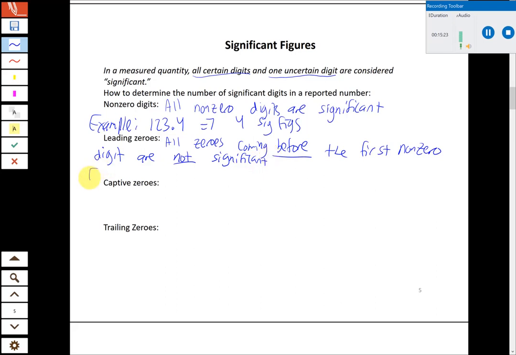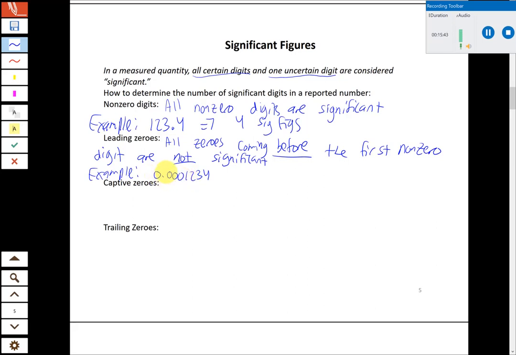All right, so if we have this number here as an example, 0.0001234, these zeros that come before the first non-zero digit, so the first non-zero digit is the 1, there's 4 zeros before that, all of those are non-significant.